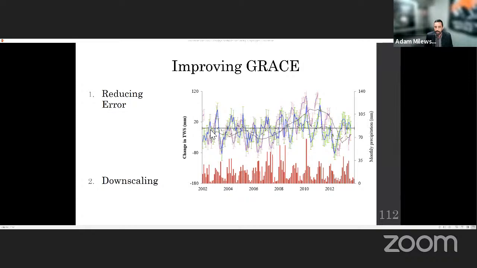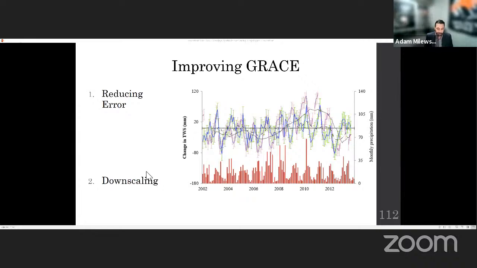In fact, I can promise you, you will not publish a paper if you attempt to just show a graph of GRACE. It will be rejected. It is common practice that you have to have a comparison to some other real-world variable, like a model, the data, or a land surface model, and that's what we're showing here. That's one of the ways that we can reduce the potential for error.